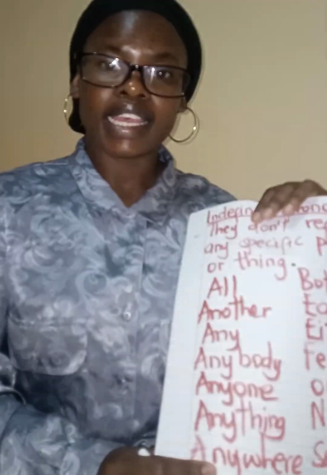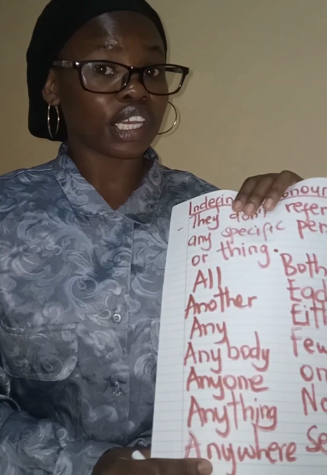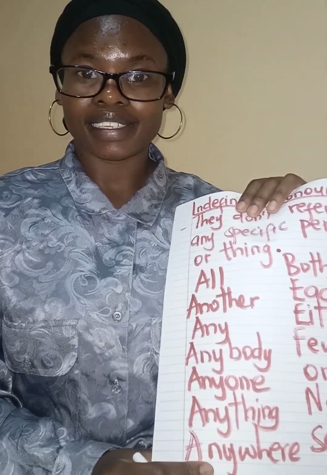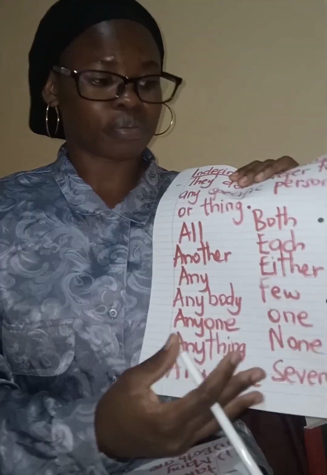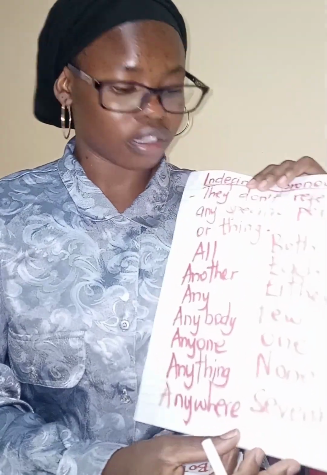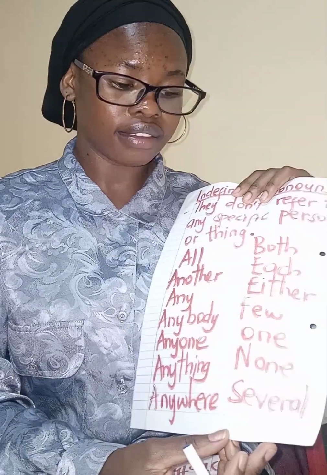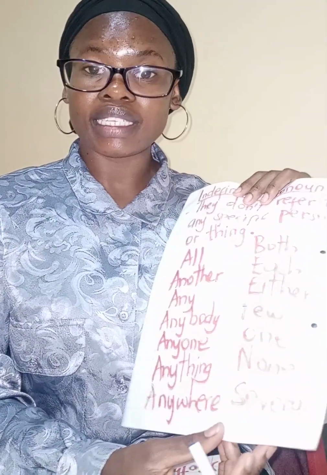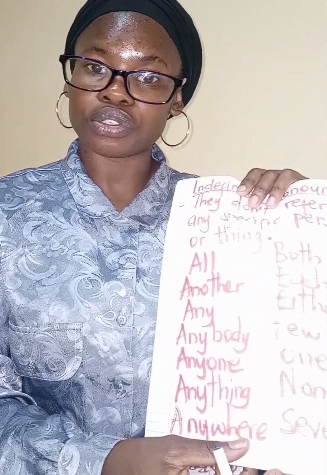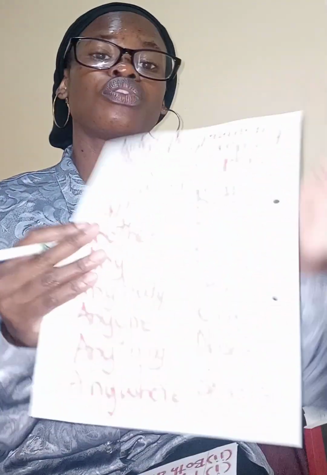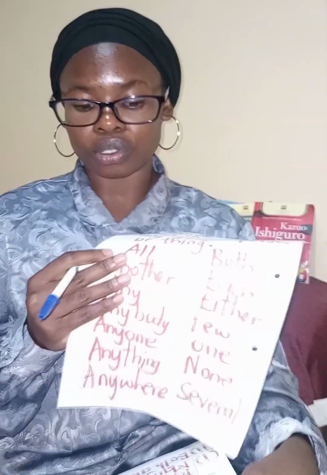If I say, has any of you seen my pen? I'm not referring to any specific person. We also have more examples: both, each, either, few, one, none, and several. These are just more examples of indefinite pronouns.